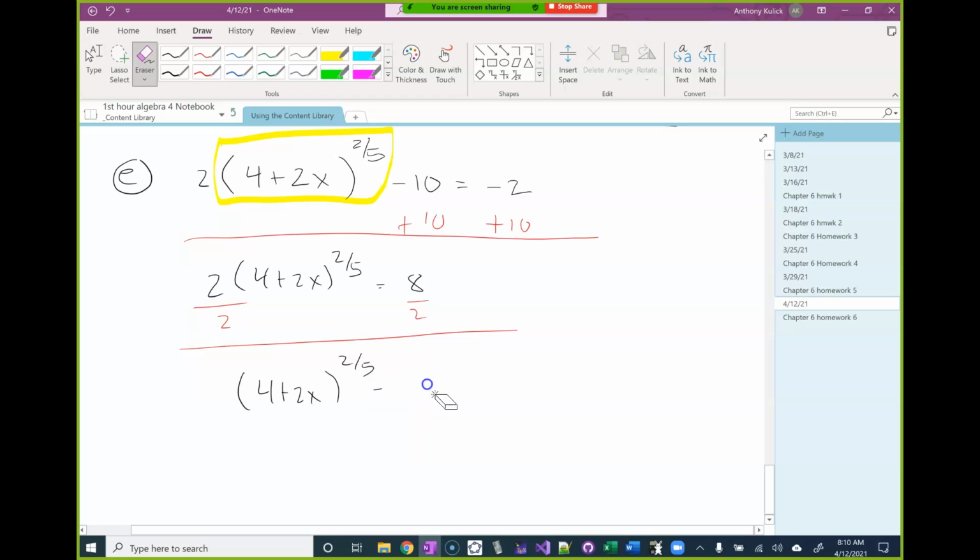And then what exponent are we going to want to use here? To cancel out the 2/5, we need to use 5/2. That's correct.